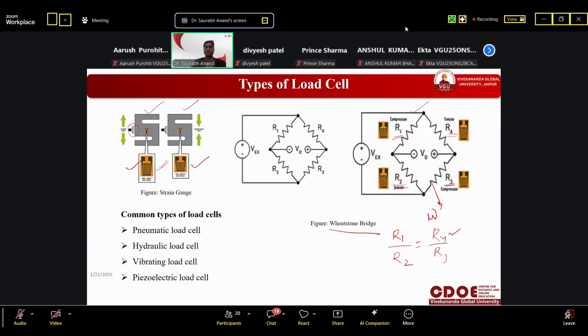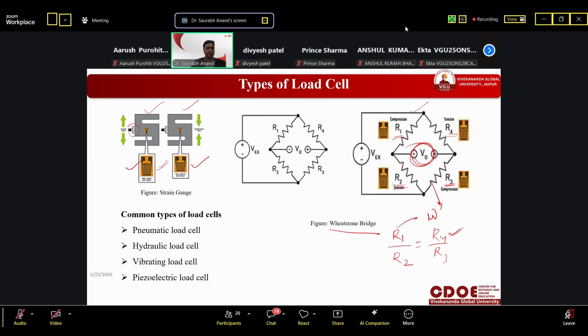So this is the balanced condition. Whenever there is variation, this resistance will be varied, there will be resistance in the metal, and depending upon that, it will be measured here.